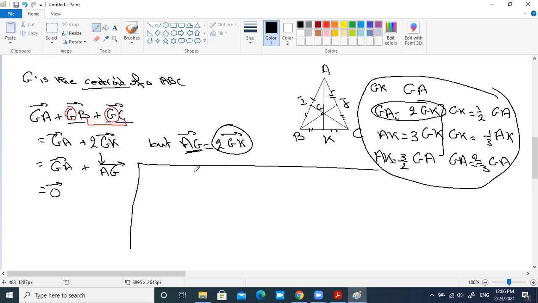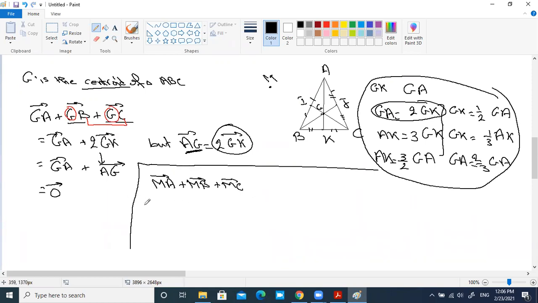Now, if you have any point, wherever you want, outside the triangle, inside the triangle, or on a side of this triangle, for example let's say here is M. Okay, wherever you want the point M. I'm going to find the sum of the vectors MA plus MB plus MC.